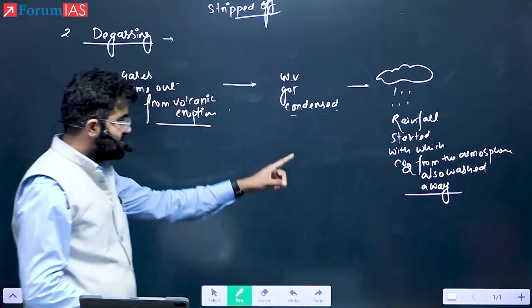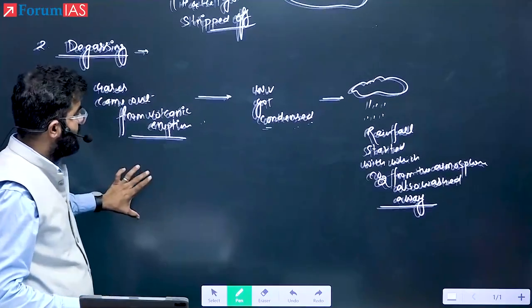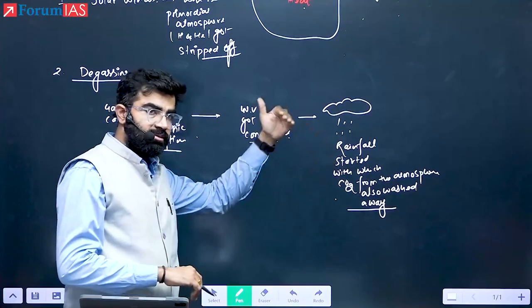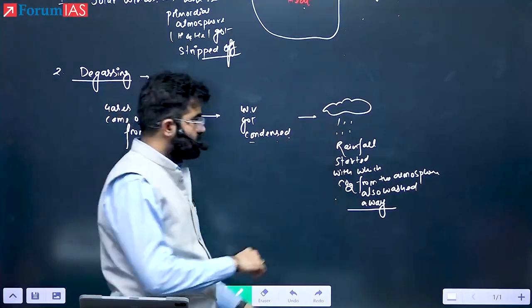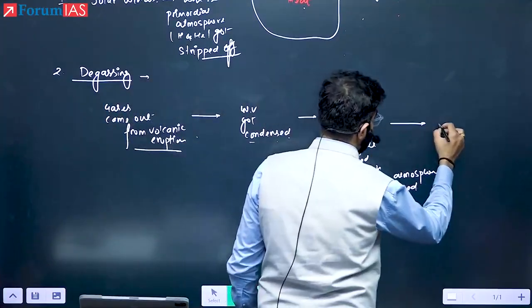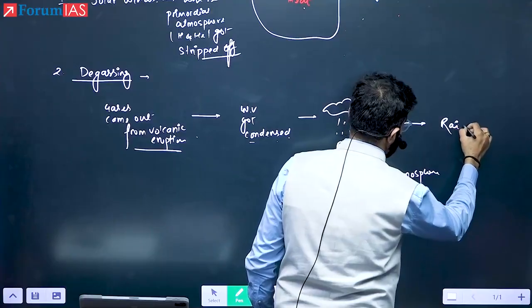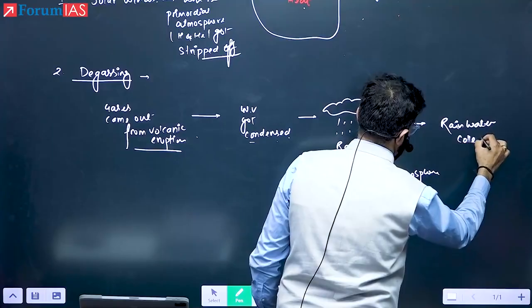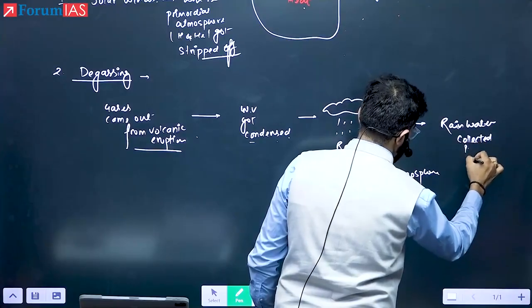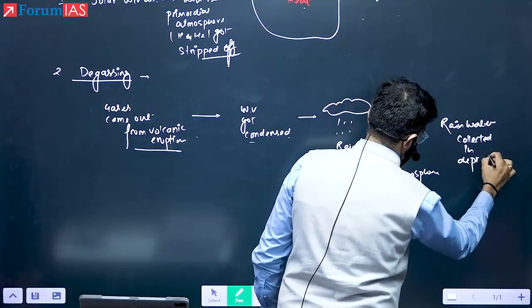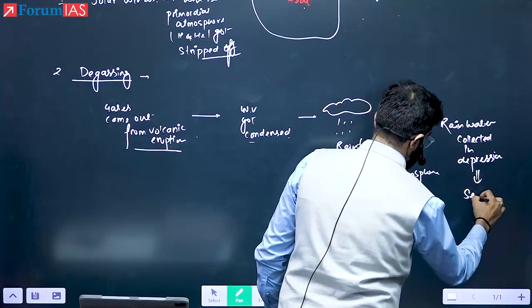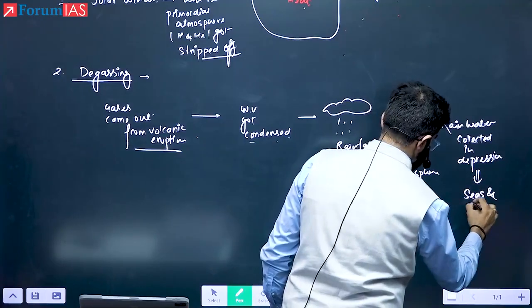So this is how the second thing happened here. With the degassing, CO2 concentration was decreasing in the atmosphere, and this rainwater collected in depressions, which resulted in the formation of seas and oceans.